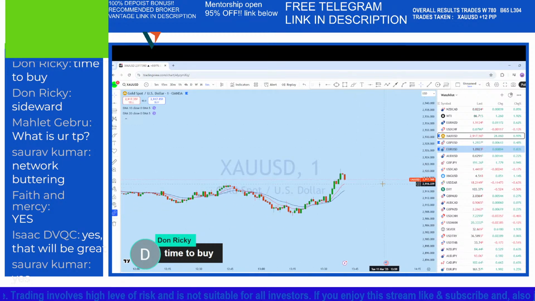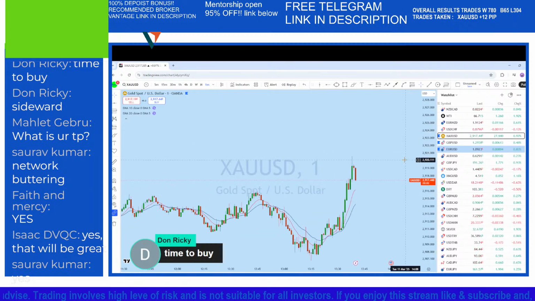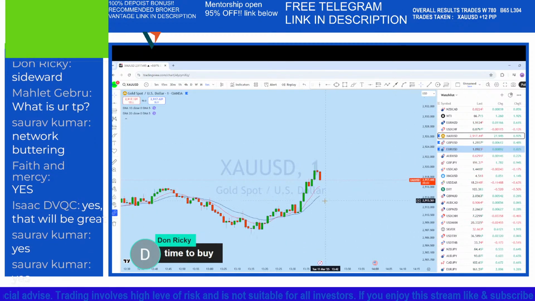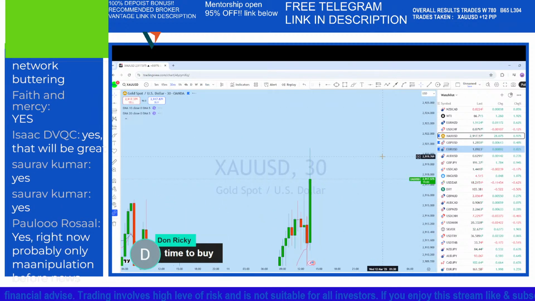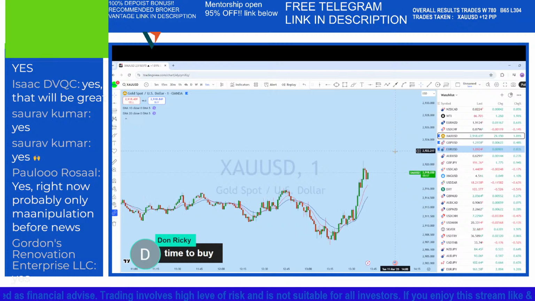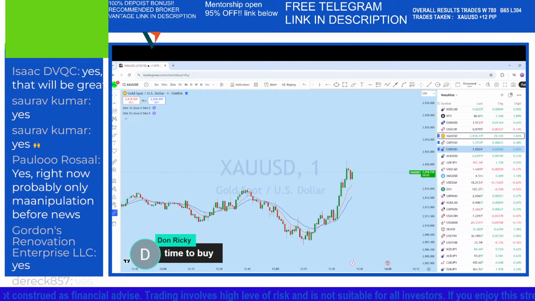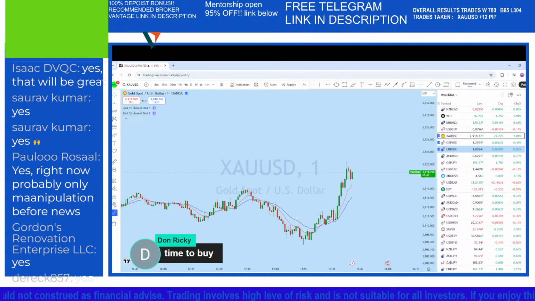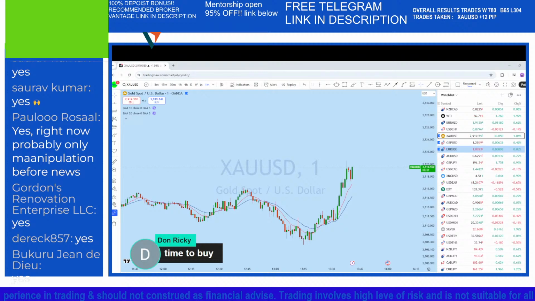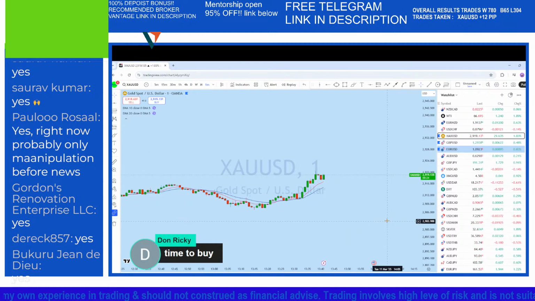So in 20 minutes' time, the job opening is coming up, and with that job opening, we will be waiting for the market to potentially go up and then create a new higher high. So this is a bullish price action here.